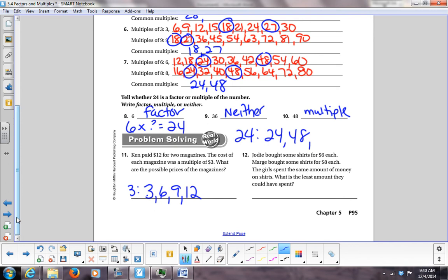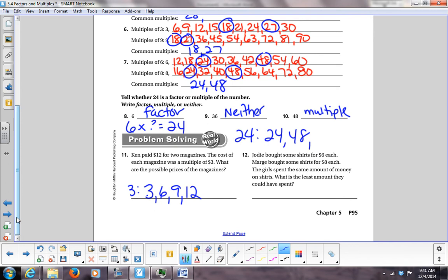What's my answer? I have 2 magazines, and he paid a total of $12.